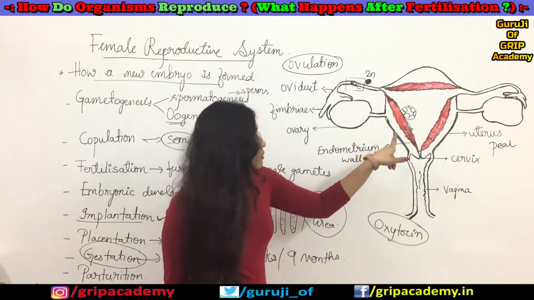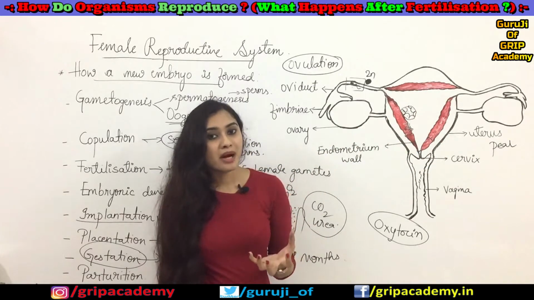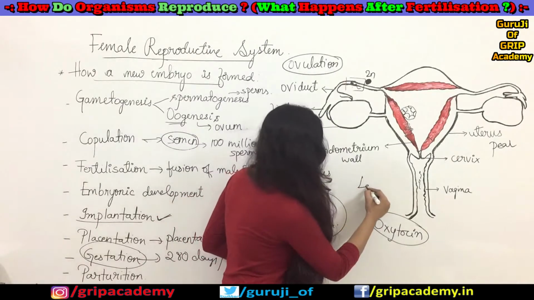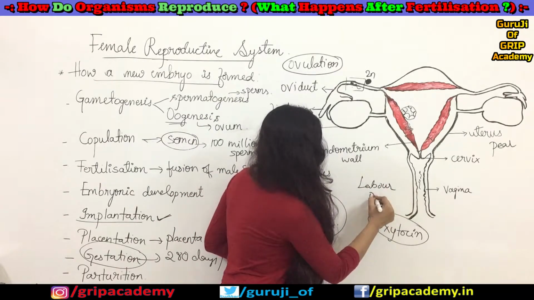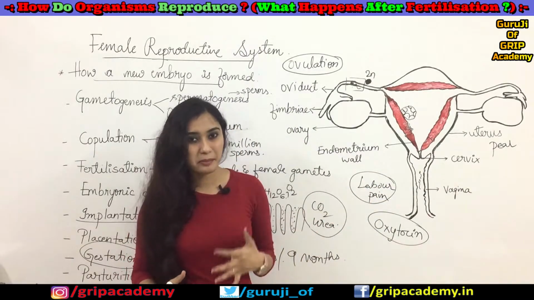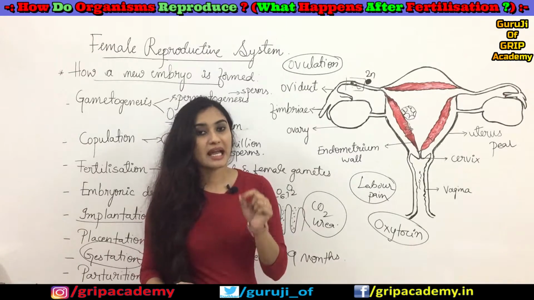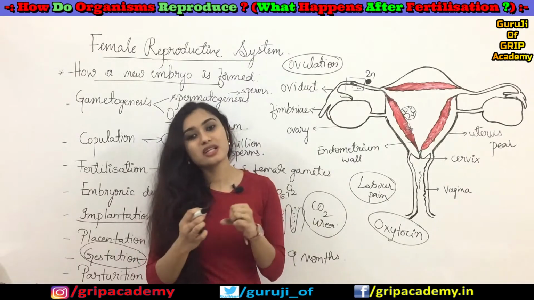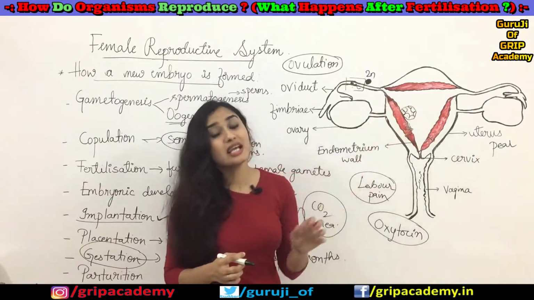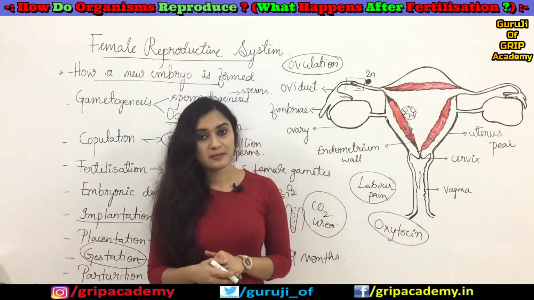Because of this involuntary contraction of the uterine muscles, it is accompanied by labor pain. So a woman starts getting a pain, which you call labor pain, and it happens because of the involuntary, rhythmic contractions of the uterine walls.